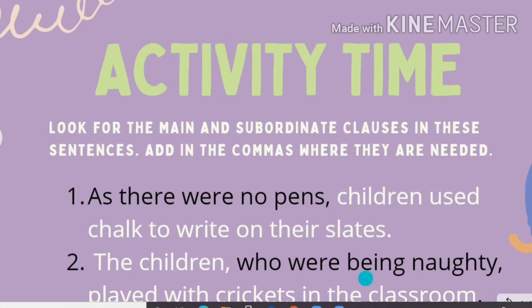Who were being naughty? The children, right? Not the crickets. So the subordinate clause here is placed in the middle of a main clause. That's why we need a comma after "the children", after the subject, and then after the subordinate clause itself. I hope it's clear for you.